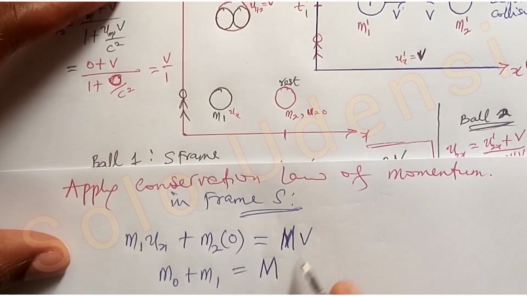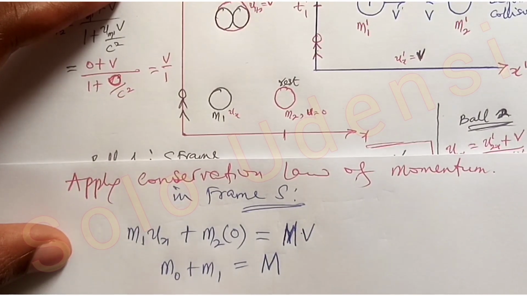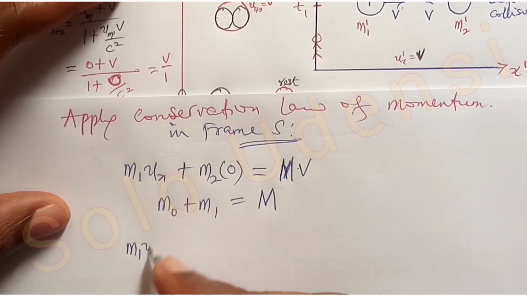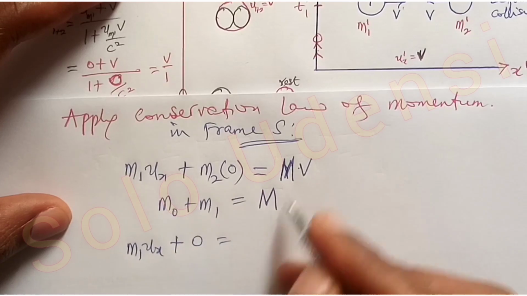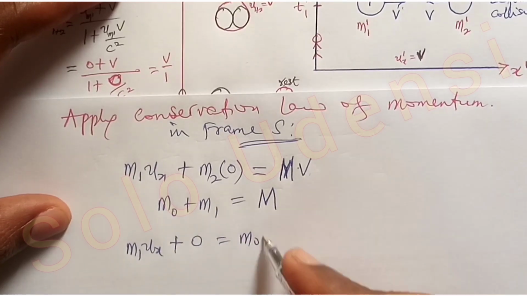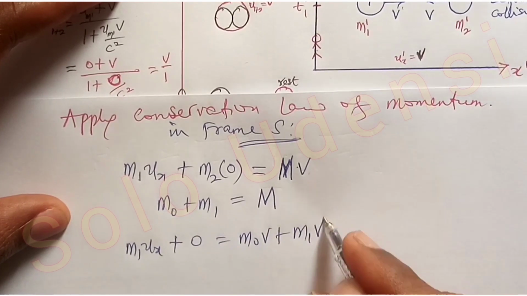So we can now put this equation here, and we'll have m1 ux plus this one is 0 is equal to m0 v plus m1 v.